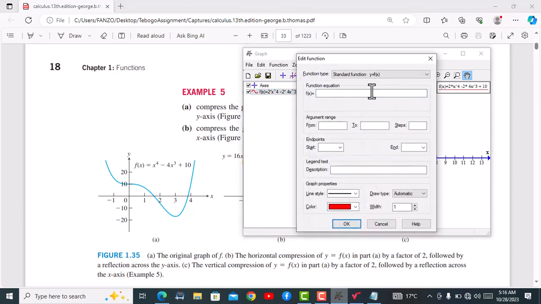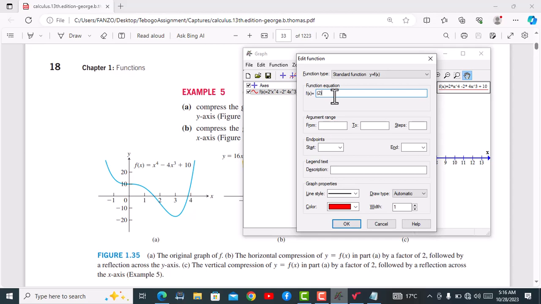All right, let me start this afresh. Let me just do this, and what I'm going to do here, I see x, and I'm going to start first with compression horizontally by 2.